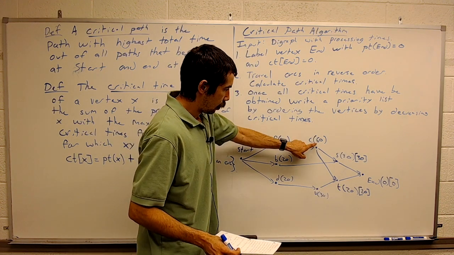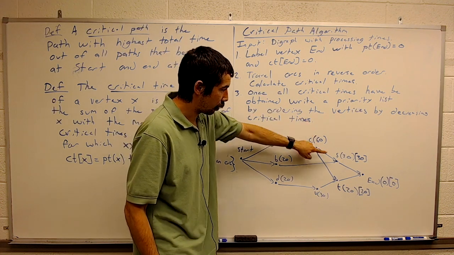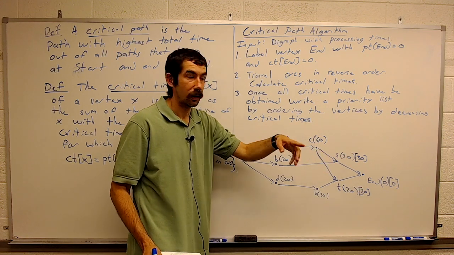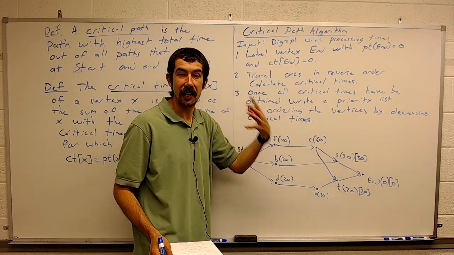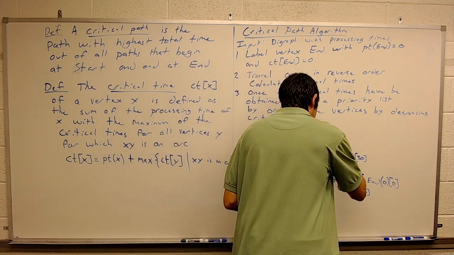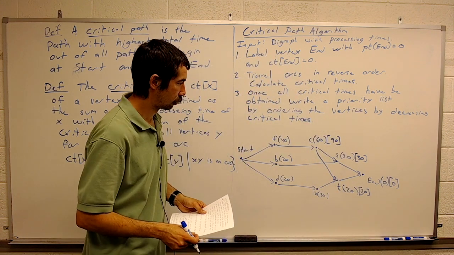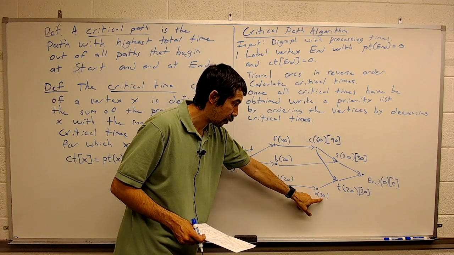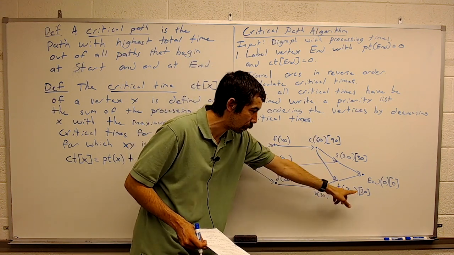Okay, C, its critical time is 60 plus the maximum of these two critical times. The max of these two is 30. C's critical time is going to be 90. V's is 30 plus the max of any of the arcs it points to. It only points to T, so it's 30 plus 20, 50.